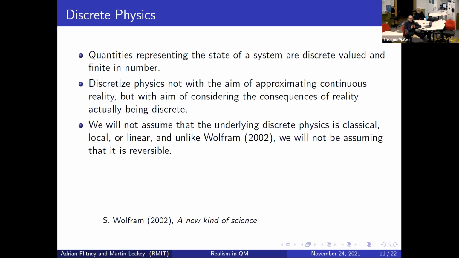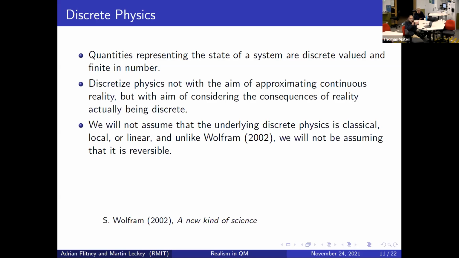I'm not going to go one way or the other with that, but what I'm going to do is say, let us see what happens if we actually assume that everything is discrete and that there is no such thing basically as real numbers in nature, and see where that leads us. So firstly, all values, all properties are discrete valued, and there are a finite number of properties.